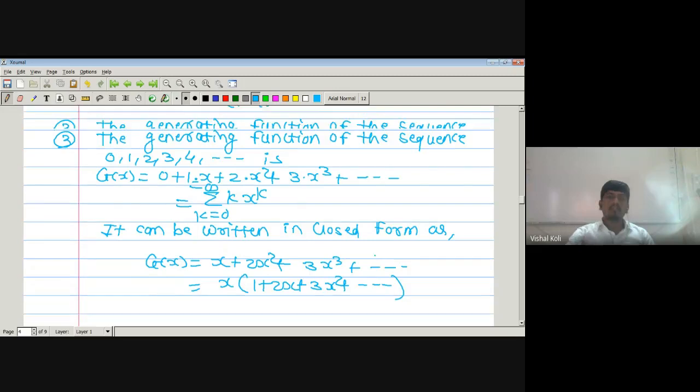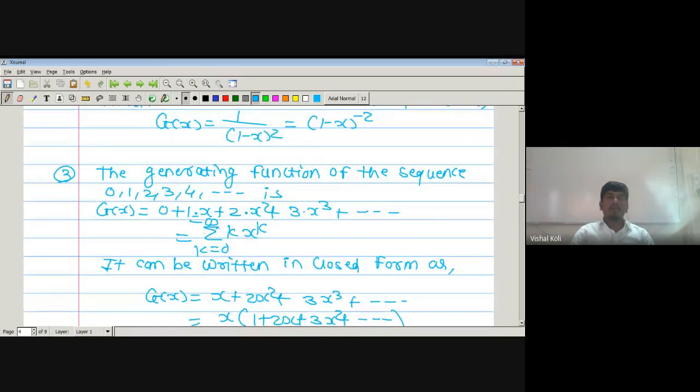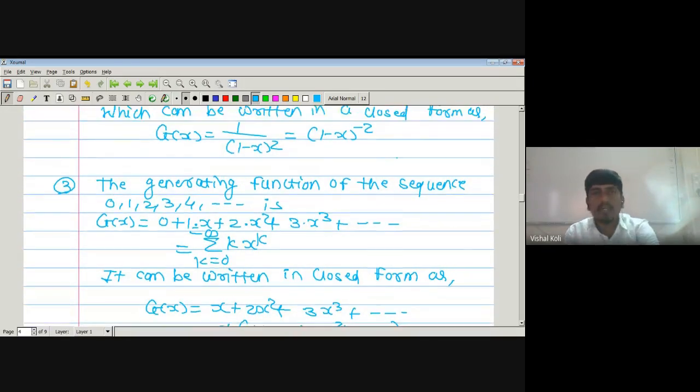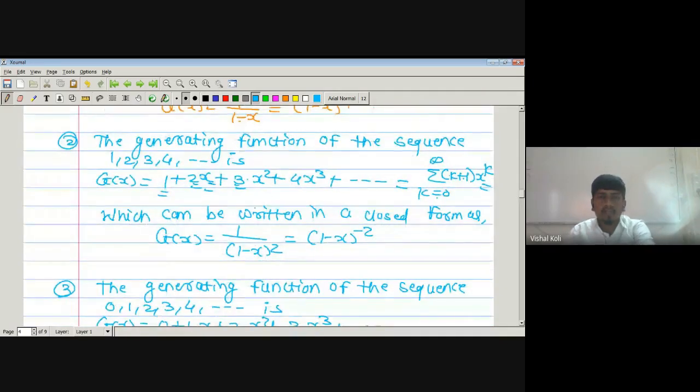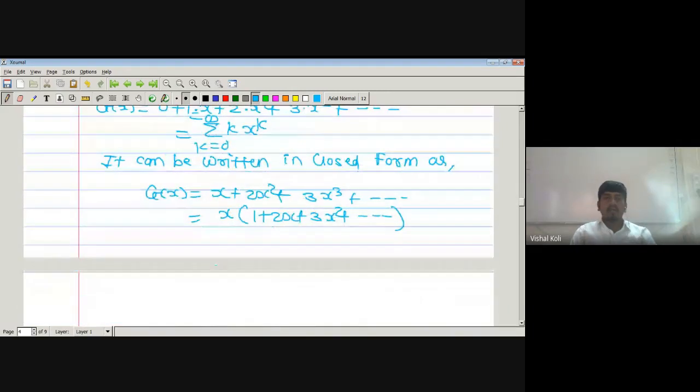But 1 plus 2x plus 3x square plus 4x cube is nothing but 1 upon (1 minus x) square, so this is x into 1 upon (1 minus x) square. Therefore this total is nothing but x upon (1 minus x) square, which is the required closed form of the given generating function.